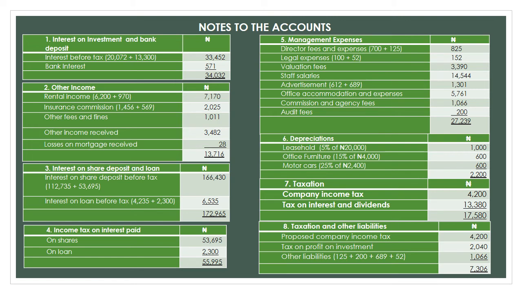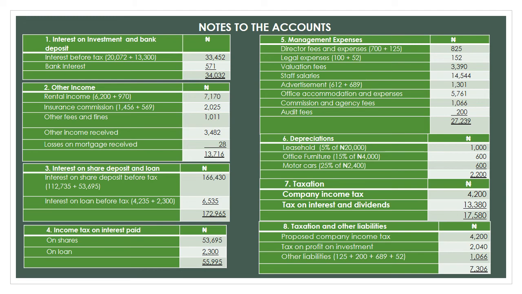Then we have taxation as note 7. Here we have company income tax of 200 and tax on interest and dividend of 13,380. So total is 17,580. The tax here, if you check additional information F, you see corporation tax on revenue account is 4,200.